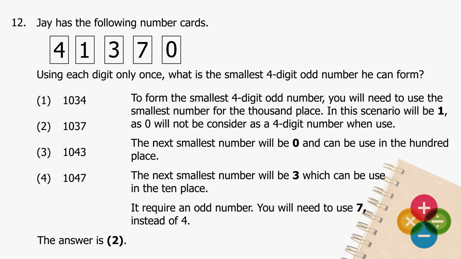In this scenario it will be the number 1, as 0 will not be considered a 4-digit number when used. The next smallest number will be 0 and can be used in the hundred place. The next smallest number will be 3, which can be used in the 10 place. It is mentioned that it requires an odd number. You will need to use the number 7 for the 1 place, instead of the number 4. The answer is 2.